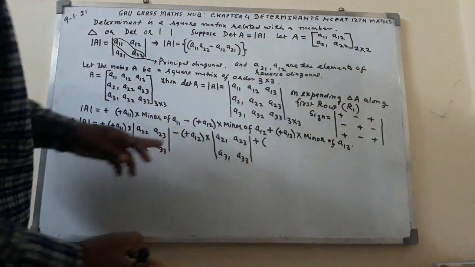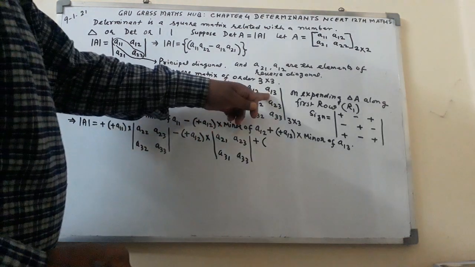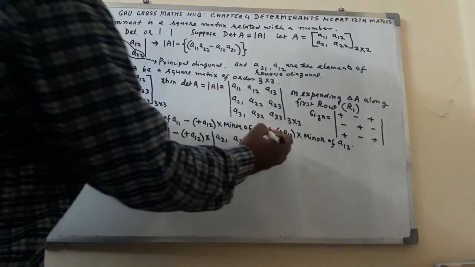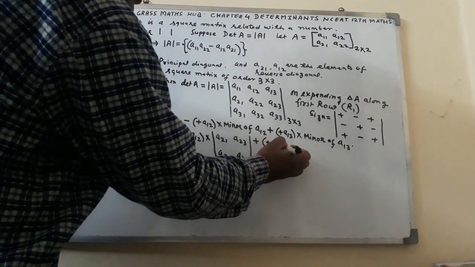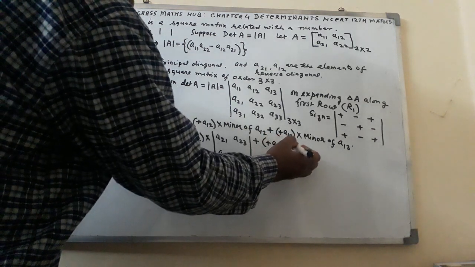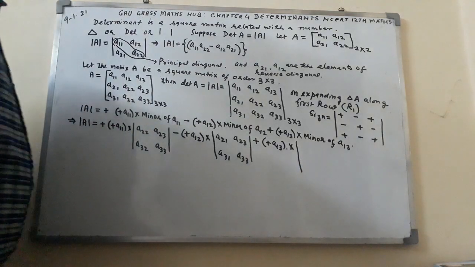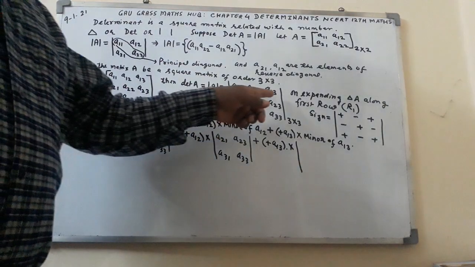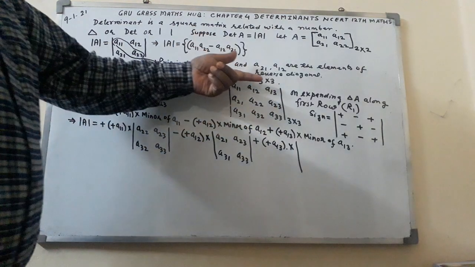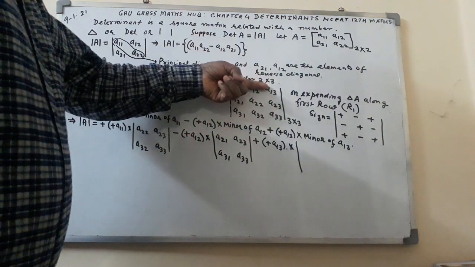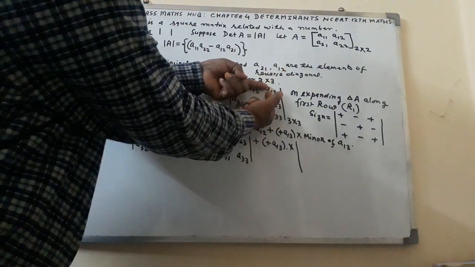After that write this element plus A13. So here write plus A13 into. Now this element A13 is there in first row. The first row will be hidden and third column will be hidden.